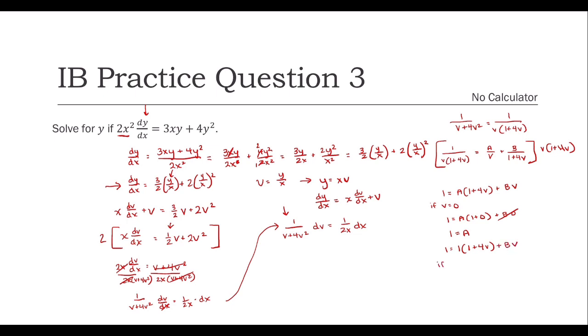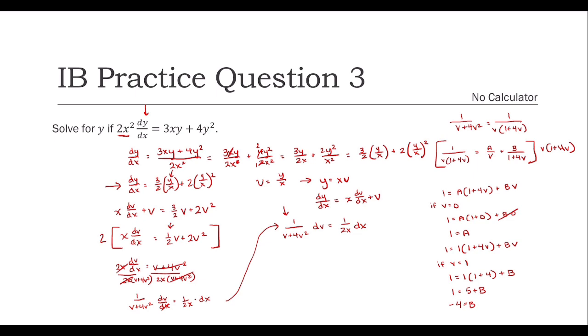So if v equals any other number, we'll try 1 for example. If v equals 1, we have 1 equals 1 times (1 plus 4) plus B. So that means 1 equals 5 plus B. So we'll subtract 5 from both sides to get that negative 4 equals B.